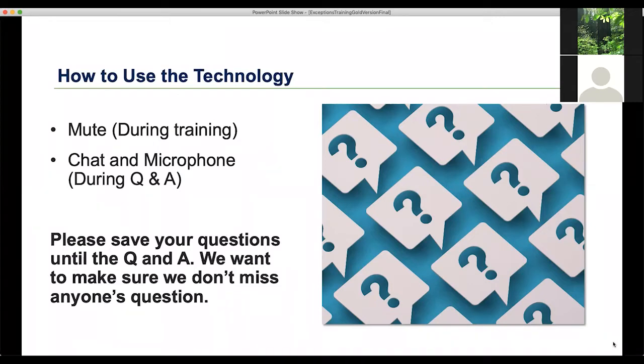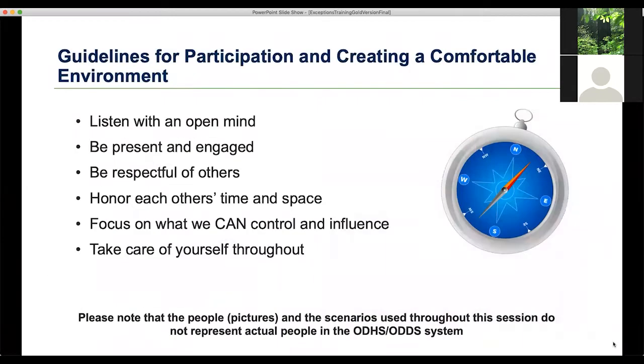Next we're going to talk about some guidelines for participation. Even though there is not necessarily a lot of change happening with exceptions, there are a few changes happening with Compass, so we're asking that everyone listens with an open mind, and is present and engaged.